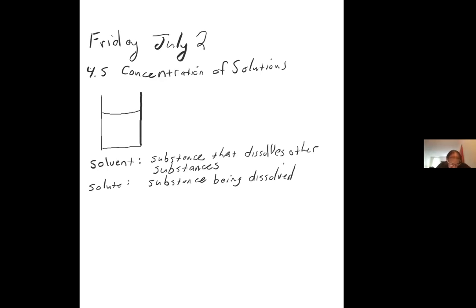And together, if you mix the solvent plus all of the solutes, so you could have more than one solute, right? So you could have salt and sugar dissolved in water. Together, we call that a solution. Okay, and it's a type of mixture. So imagine that we take something like sodium chloride, salt, right? Salt is a solid, and we dissolve it into the water.